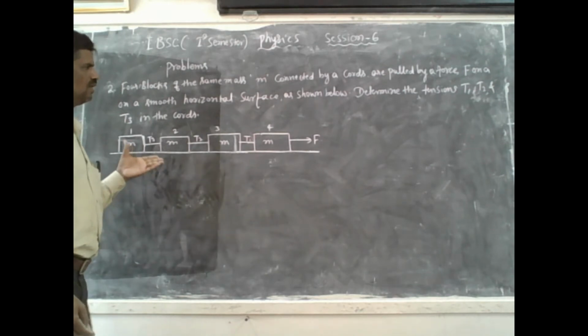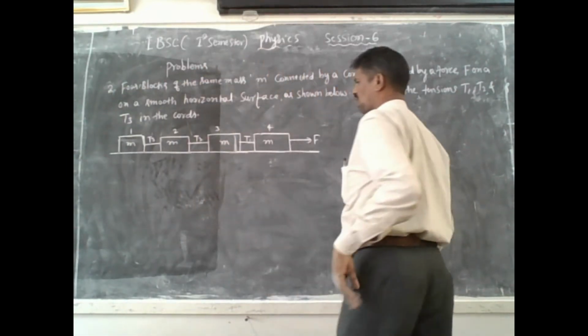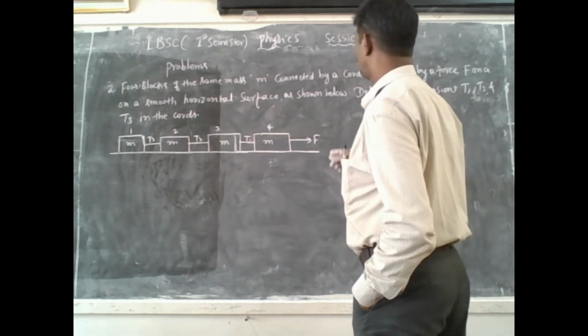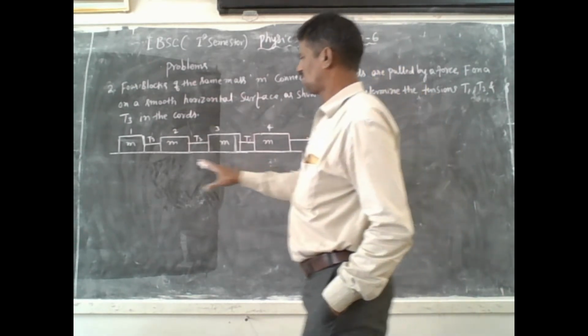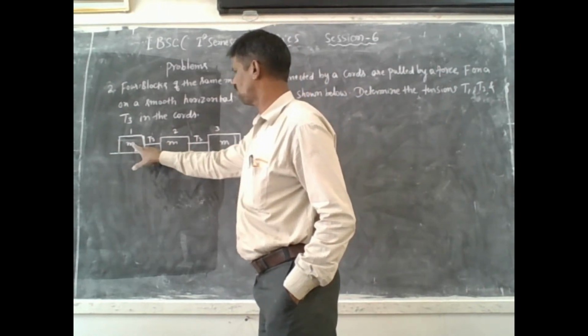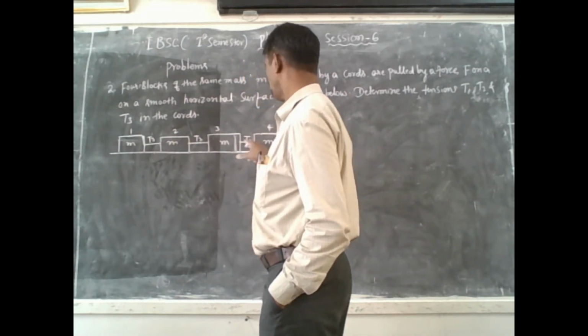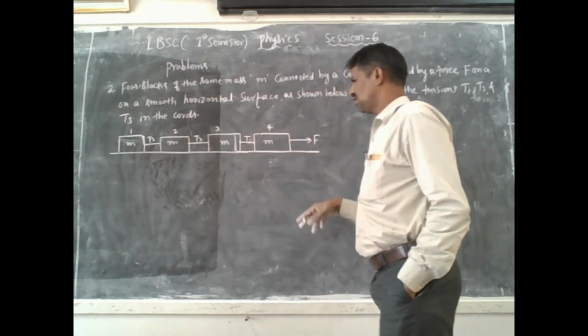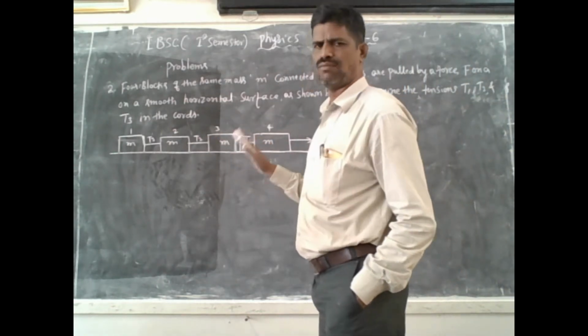You have to remember this surface is a smooth horizontal surface. The four blocks have the same mass M, all the masses are the same here.